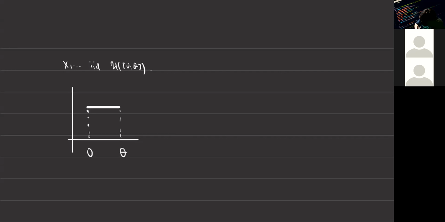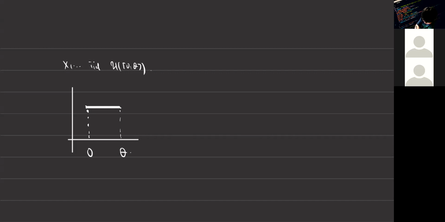That's 0, that's theta, and that's going to be your line from 0 to theta, and that's your function, right? Kind of a straight line because it's uniform. So whatever these X1 to Xn are, the largest of those is going to be your Yn, right? So you're going to have a bunch of dots. Let me see if I can draw something.